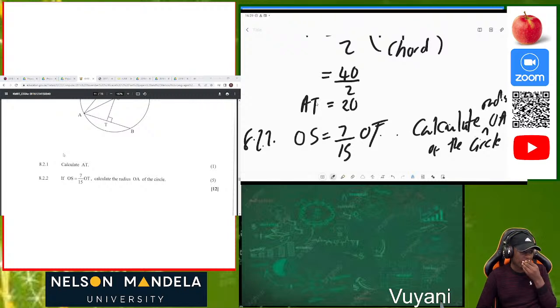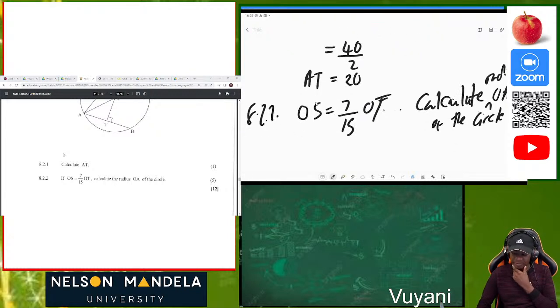Okay, cool. So now I must calculate OA. Now we know that OS is equal to 7 over 15 OT.